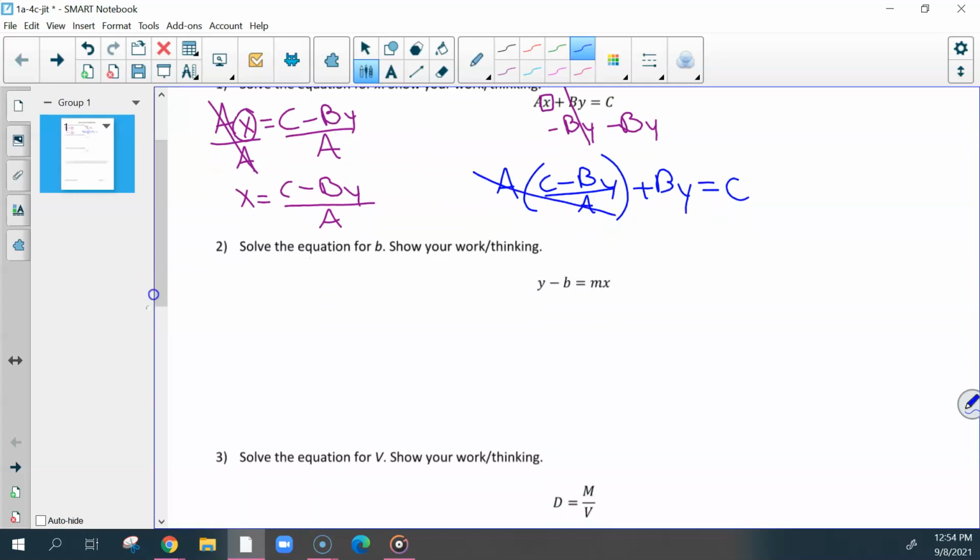These a's would become 1. These would become 0. And c equals c is a true statement. I don't know what c is, but I see it on both sides, so whatever c is, it would be the same on both sides.